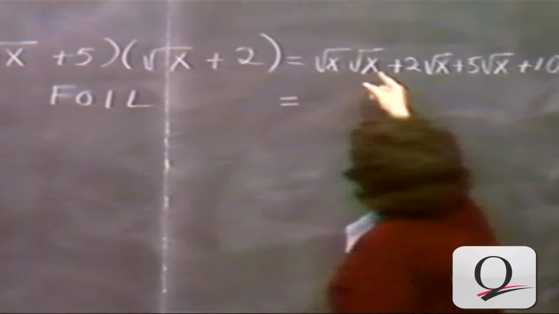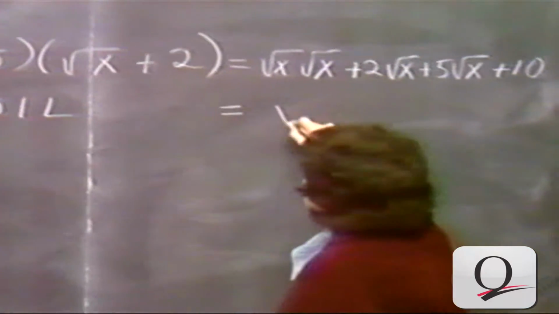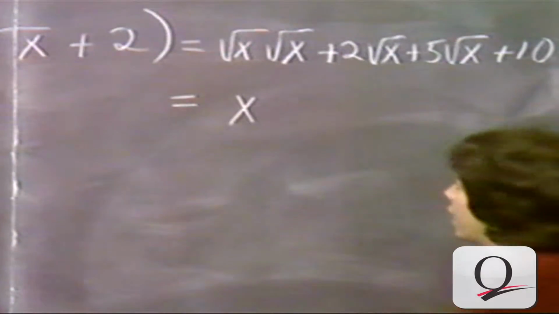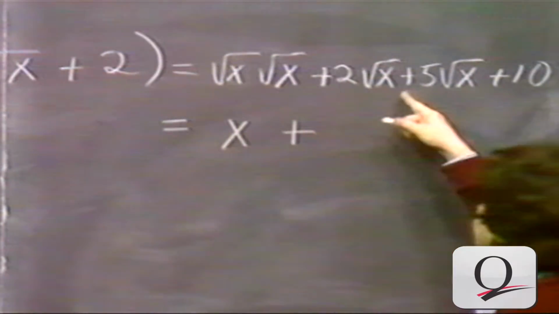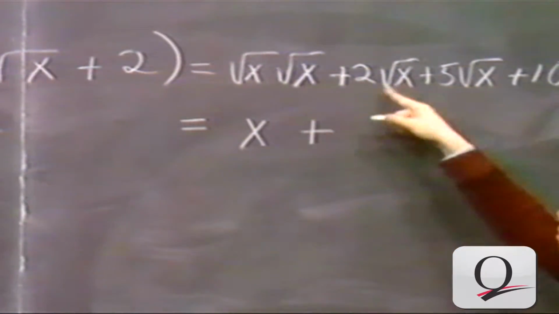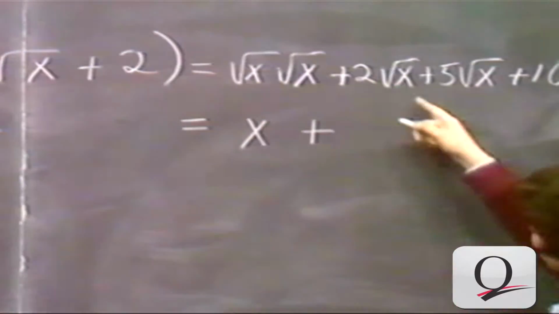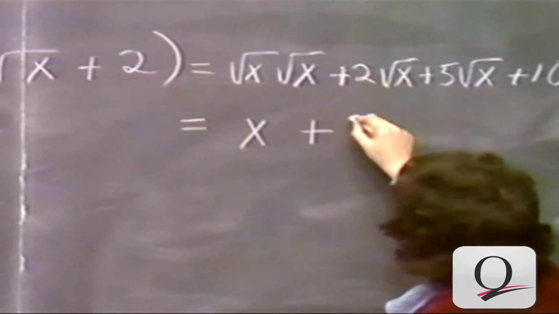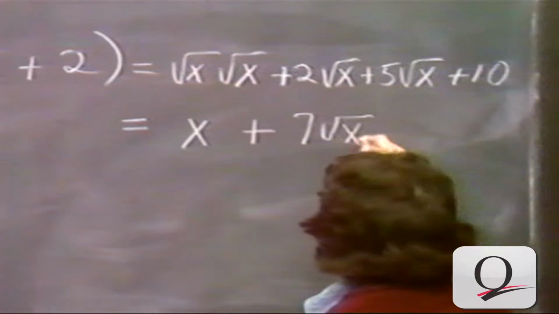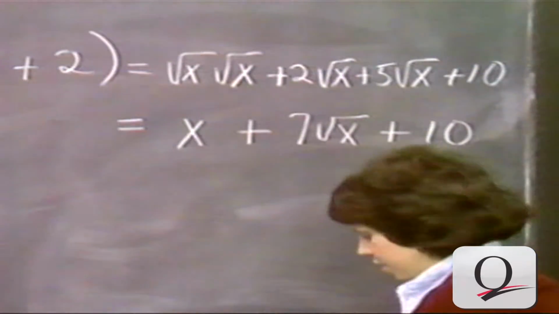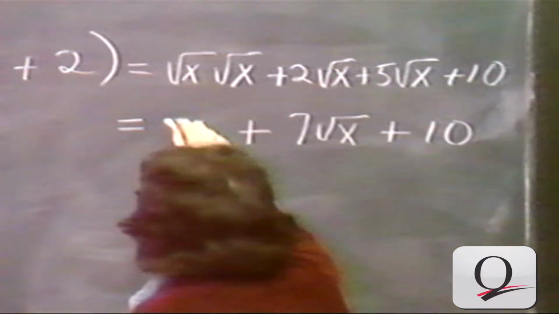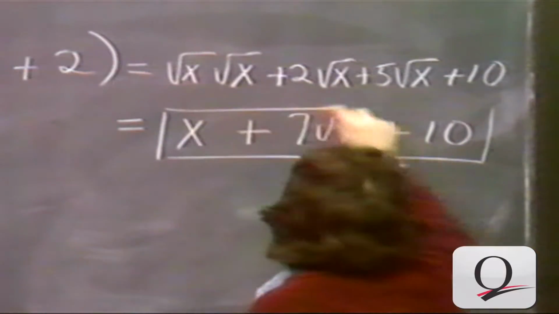Now, the square root of x times the square root of x is just x. Plus, now 2 the square root of x and 5 the square root of x, these terms can be combined. We have the same quantities under the radical. We have 7 the square root of x plus 10. So x plus 7 times the square root of x plus 10.